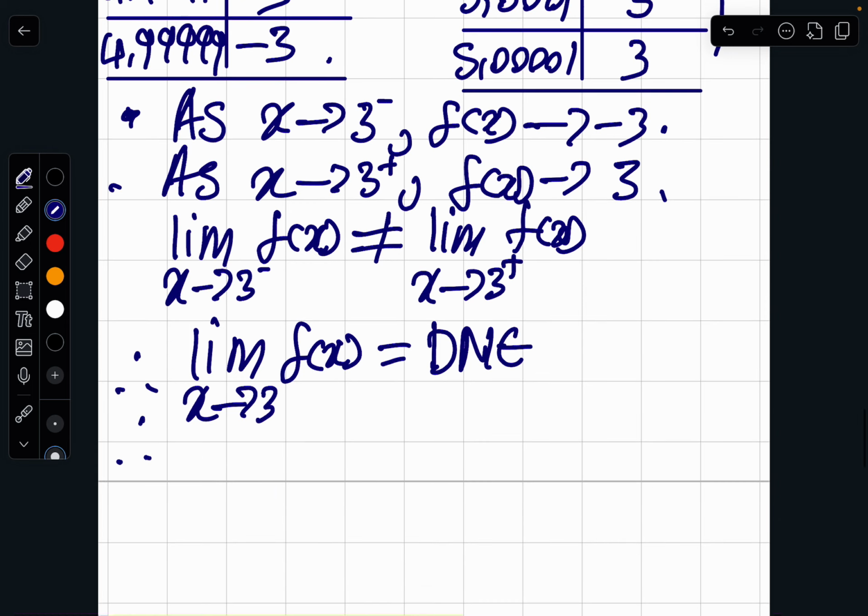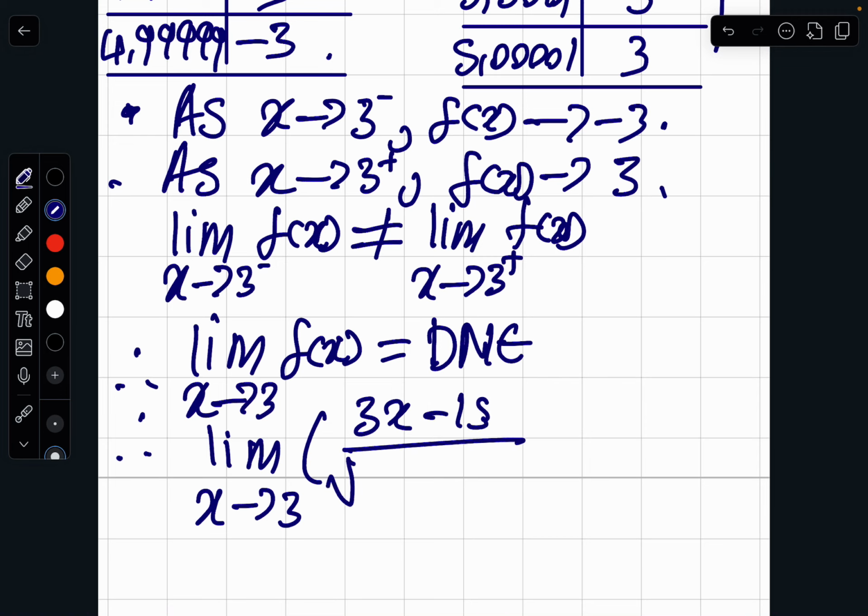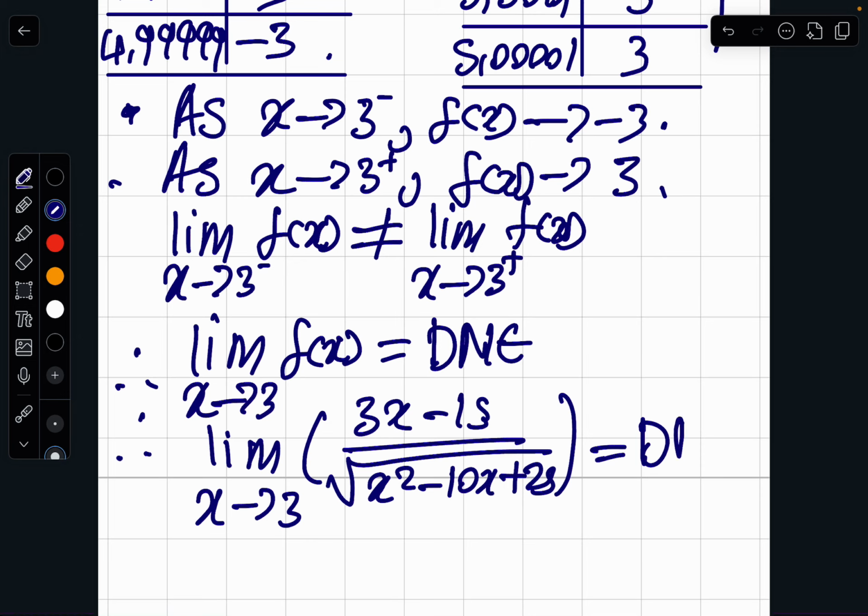Therefore, you replace your f of x: as x approaches 3, 3x minus 15 all divided by the square root of x squared minus 10x plus 25 does not exist. Understand? This is how you're going to answer this question. Don't do other stuff. Do my procedure. Then you'll go far.